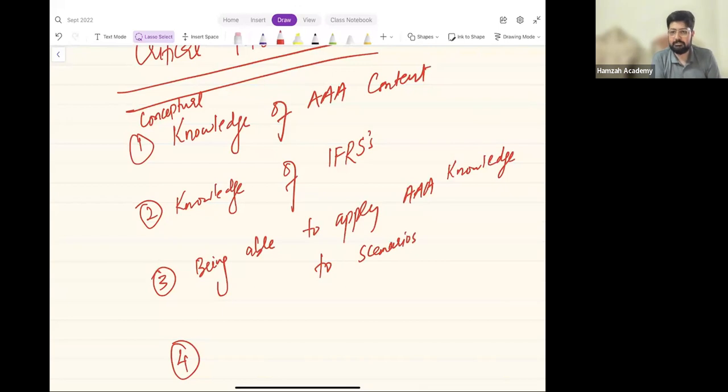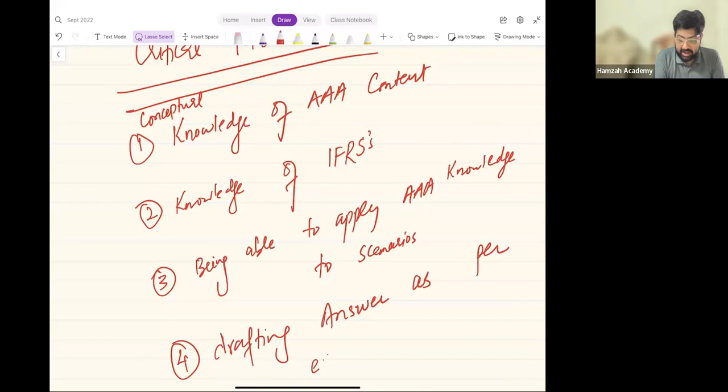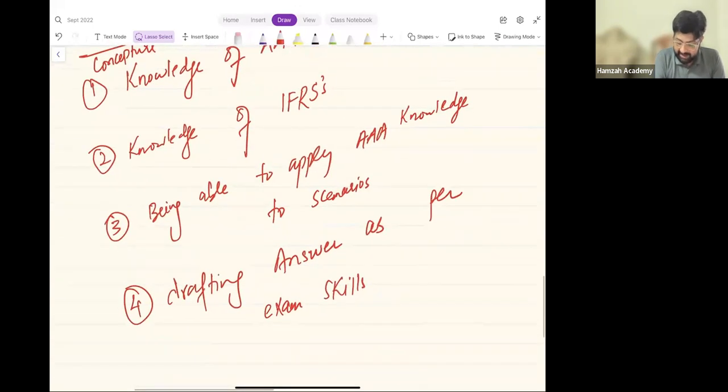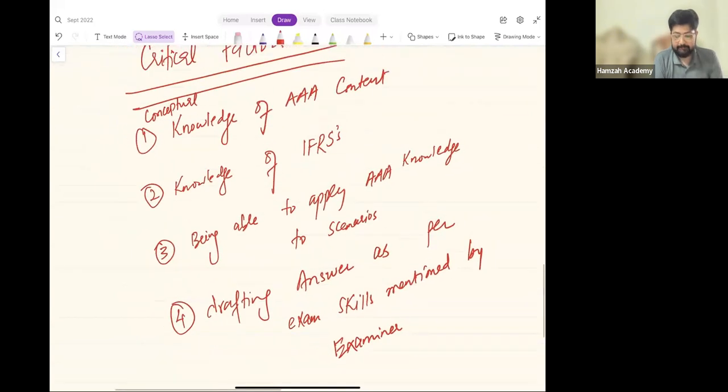Fourth, drafting answers as per exam skills mentioned by the examiner.